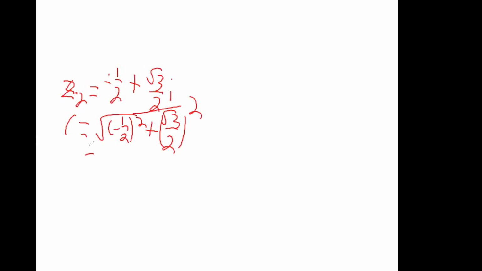This comes out to be 0.25 or 1/4 plus 3/4. That's just 1 for the r value. Then we have to find the reference angle. To find that, we have the √3 over 2, and that is divided, or shoot.